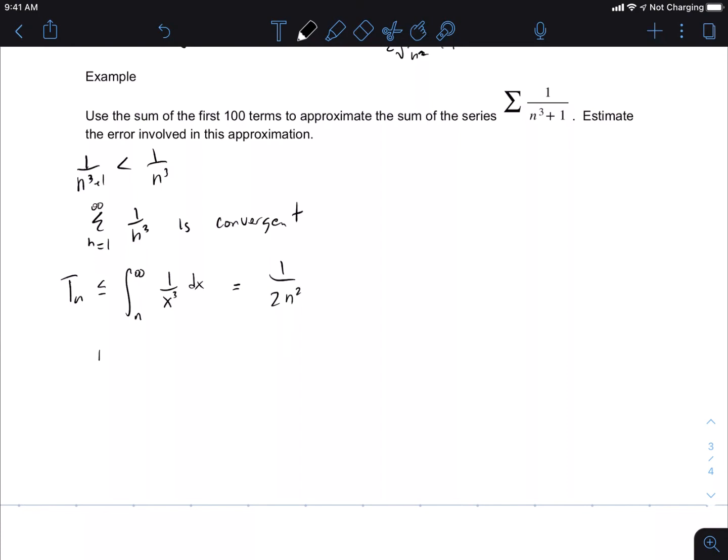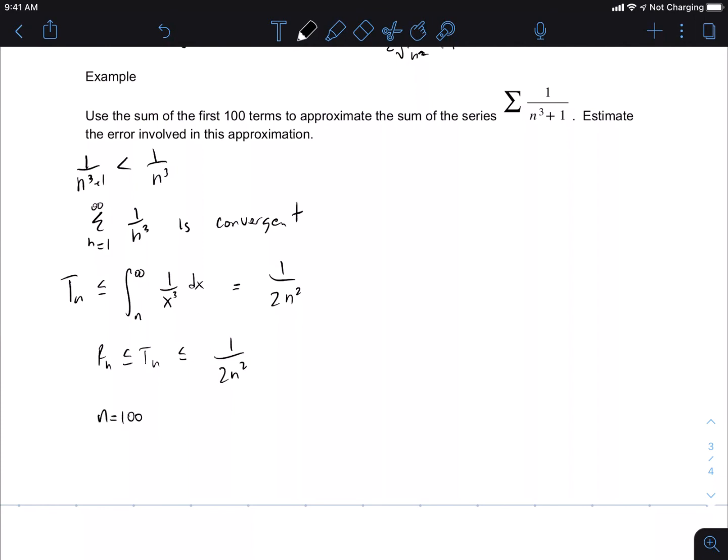And then we're going to have an error or a remainder, this potential error, that's going to be this 1 over 2n squared. And now what we need to do is look at the first 100 terms. So if we have 100 terms, that tells us that our n is 100.